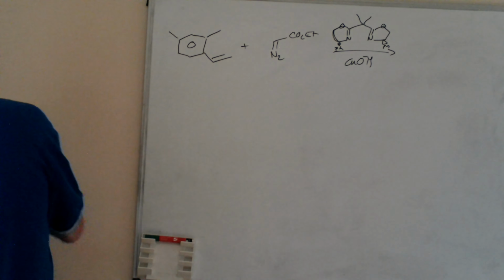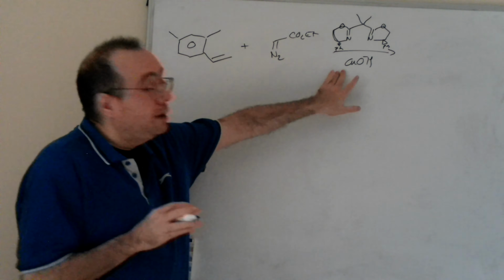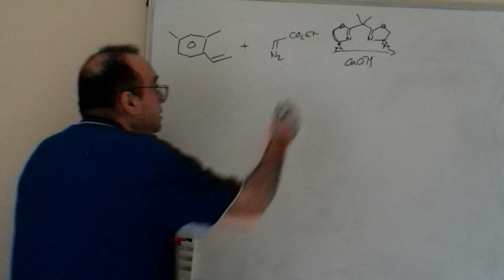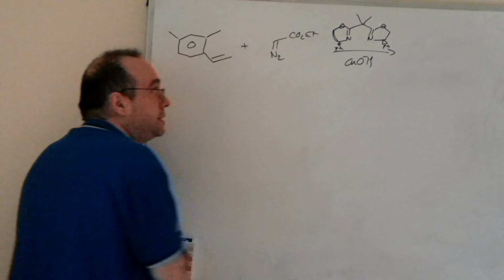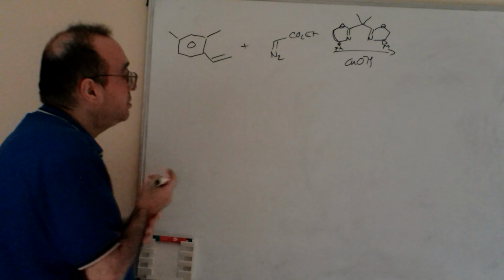Well, the first step that we need to do is to build the complex. That means, as you see, the copper coordinates with the two pairs of electrons of the nitrogen.